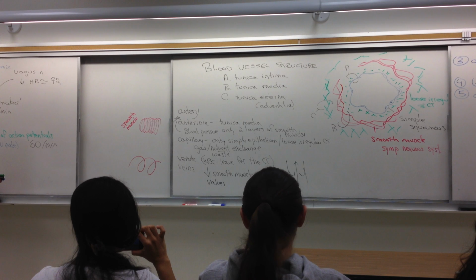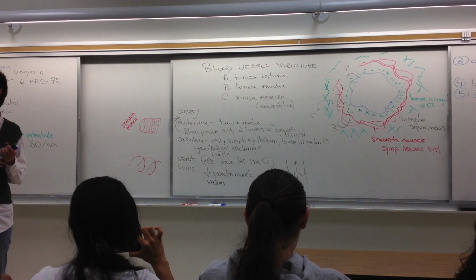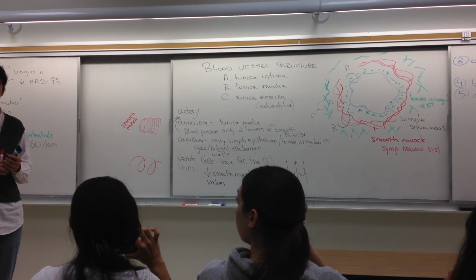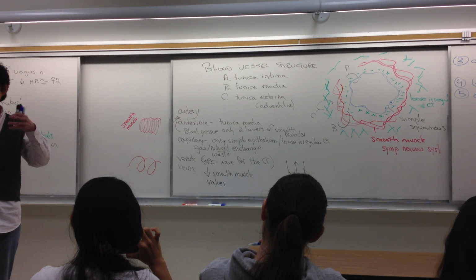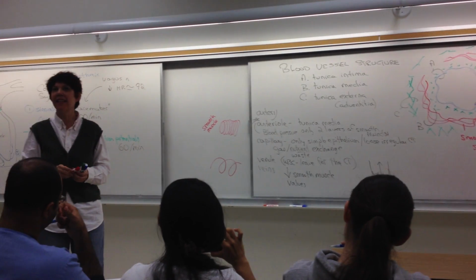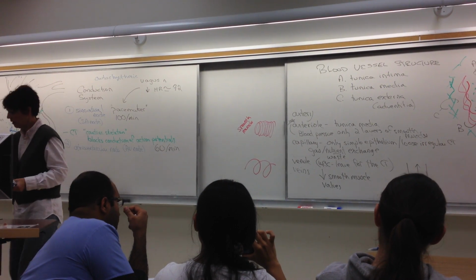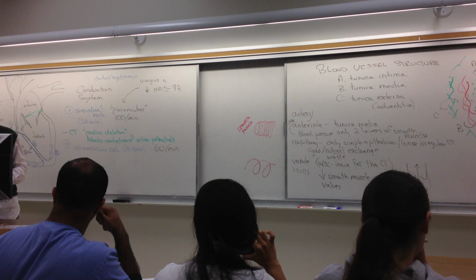All right, unless there are any questions, what I want to do now for the rest of our time is to diagram, kind of like drawing a road map, the vessels leaving the heart and their branches.